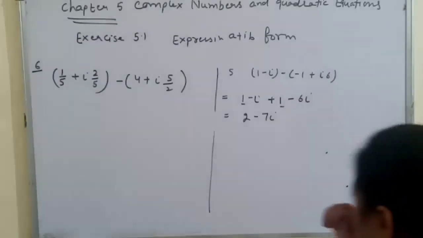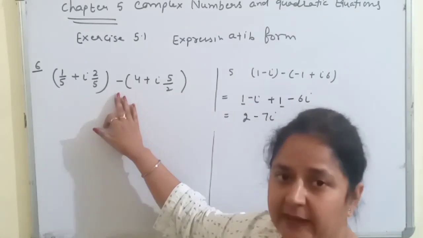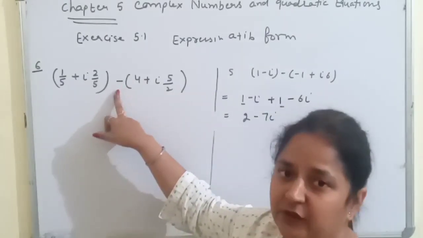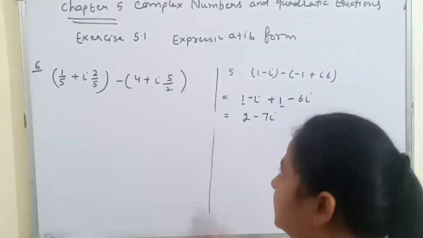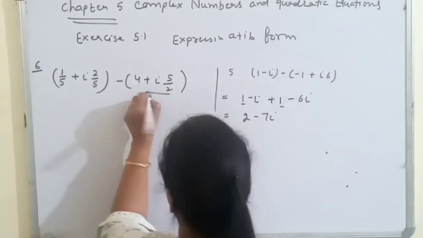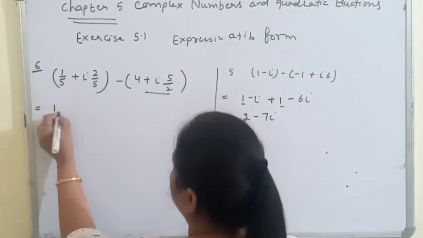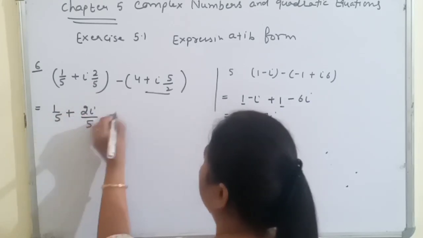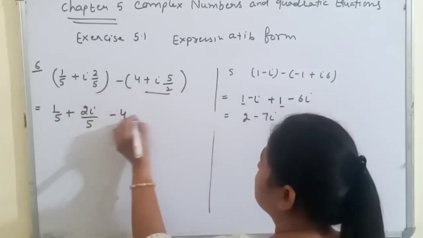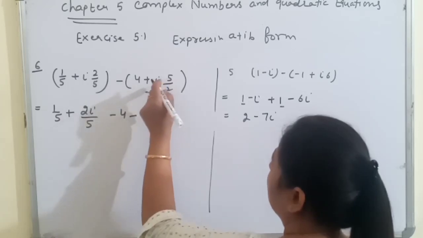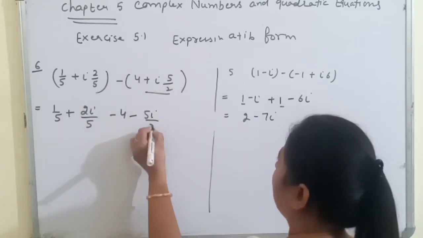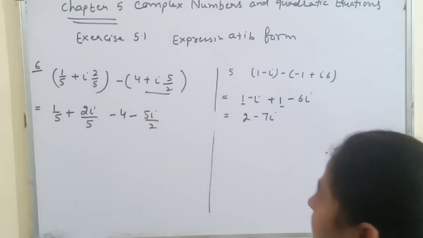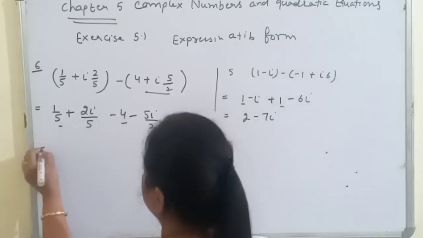Similarly, students, we will solve it. We have to solve the bracket, and before the bracket there is a negative sign, so we will change the sign for this term. 1 by 5 plus 2 iota upon 5 minus, so change the sign, this will become minus 5 iota upon 2. Now collect the real number and the imaginary number.